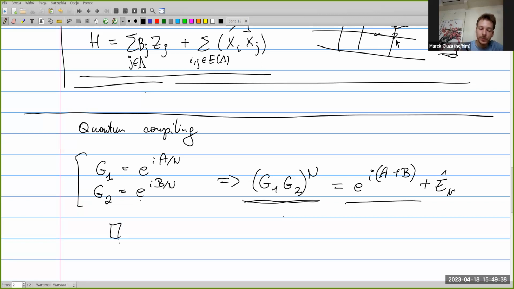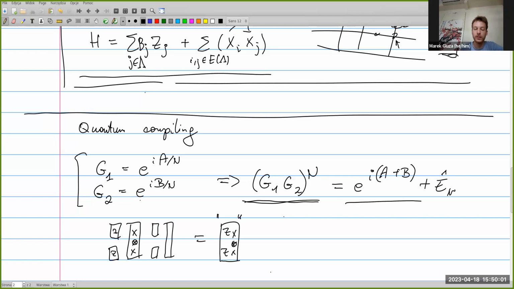And in our example, we had Z, then X tensor X, and then we repeat this, right? Z, and that was the evolution under Z, and then X tensor X all together. This is just symbolic.